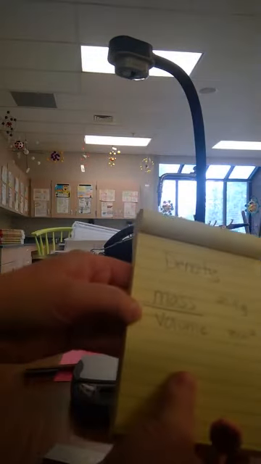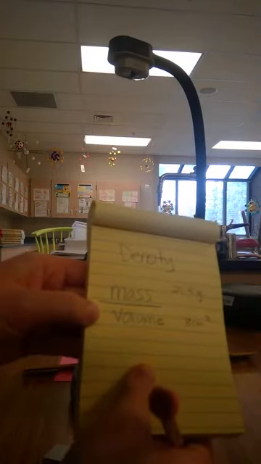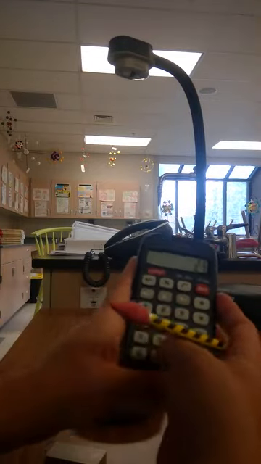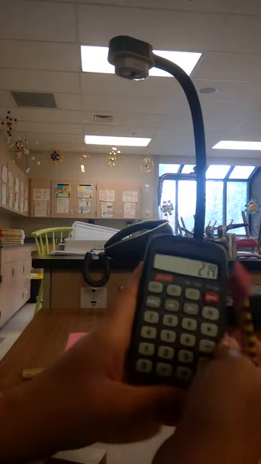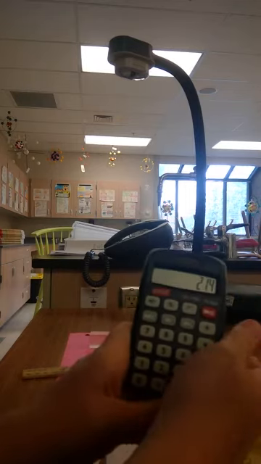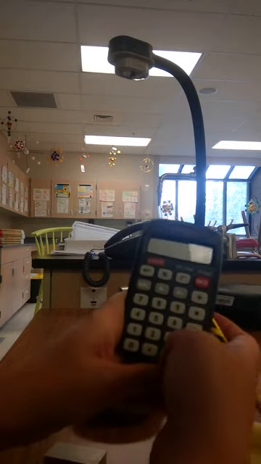And so now I'm going to take that off of there. Now I'm going to actually solve for my density. So I'm going to use my calculator and I'm going to type in the 21.4 just like that. And then I'm going to hit the divide symbol, divide it by 8.